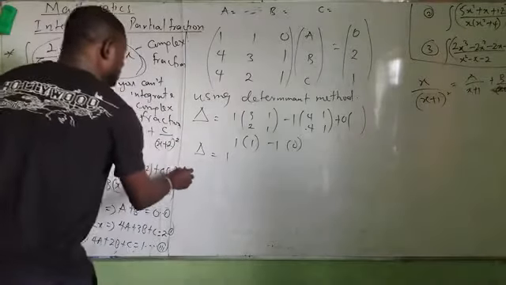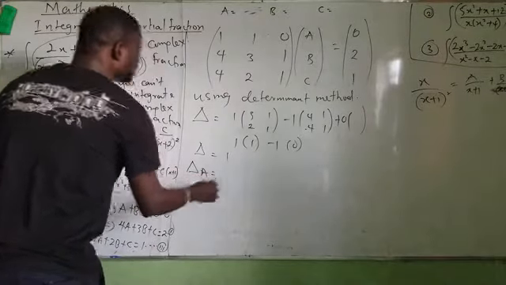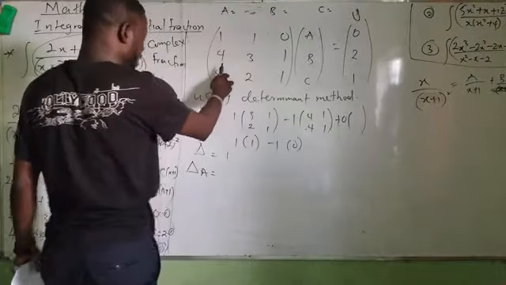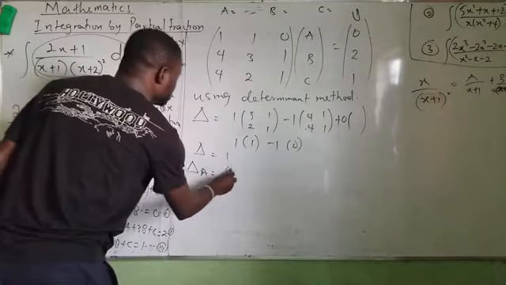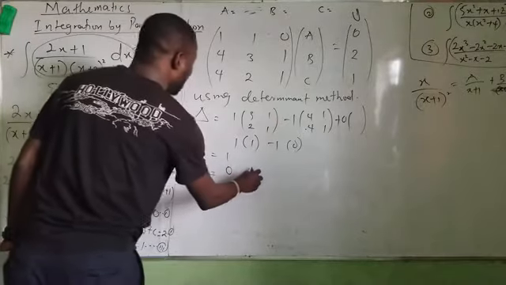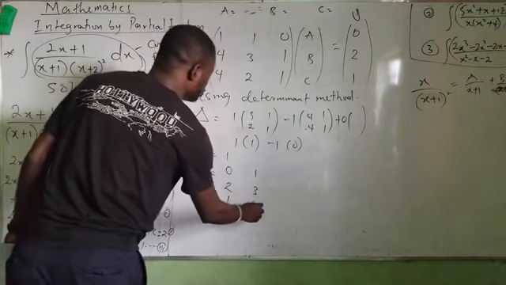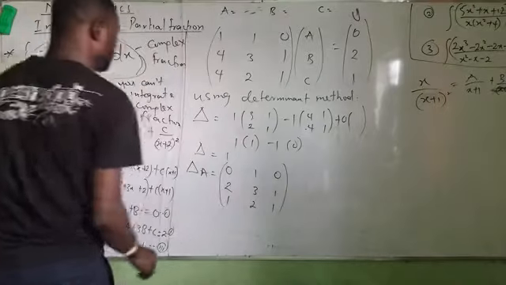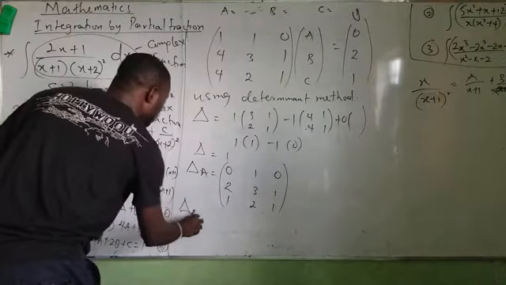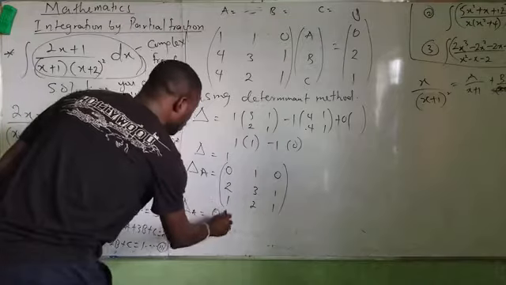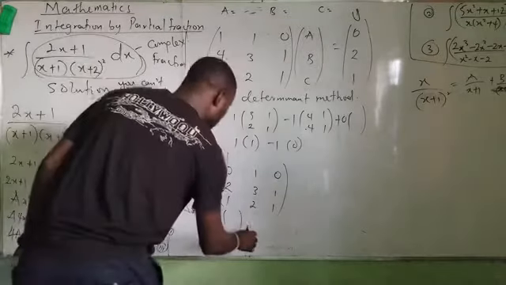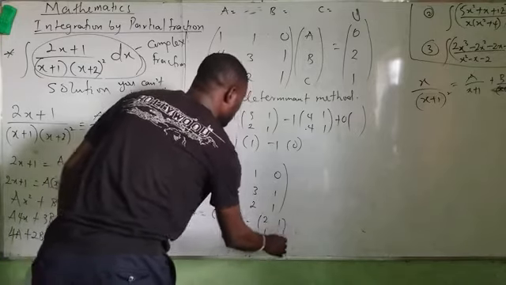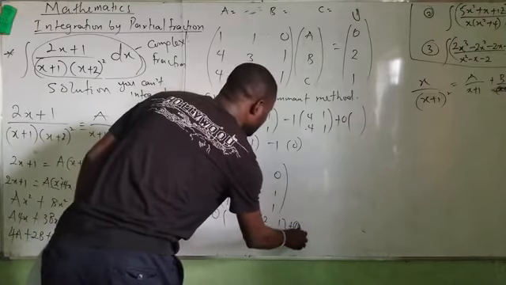Now, I will move on to the determinant of A. At this point, I will replace the column of A with 0, 2, 1, and I have 1, 1, 1, 3, 2, 1, 0, 1, 1. Now, can I find the determinant of this? The determinant of A will be 0 minus 1, and the 0 terms will not give me anything.